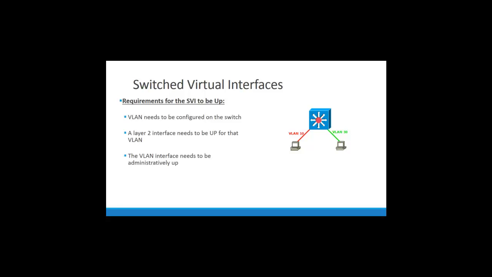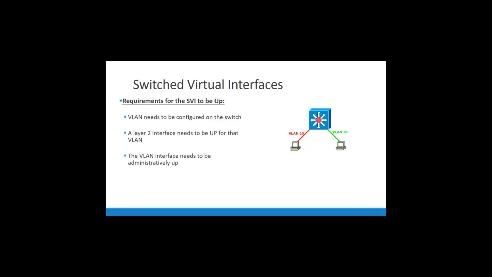Okay, so some of the requirements for that then are, on my multi-layer switch, the VLAN needs to be configured. A layer 2 interface needs to be up for that particular VLAN. So if in this little picture I have here, I want to route VLANs 10 and 30 using switched virtual interfaces or SVIs, I have to have a layer 2 interface that's up for that.